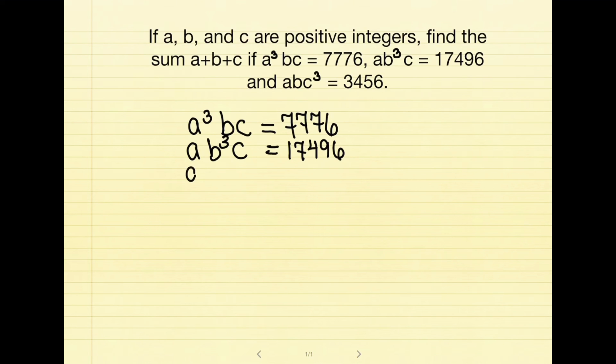And our last equation is a times b times c to the power of 3, which is equal to 3,456. So here we have the three equations, and what we're going to do first is multiply them together.